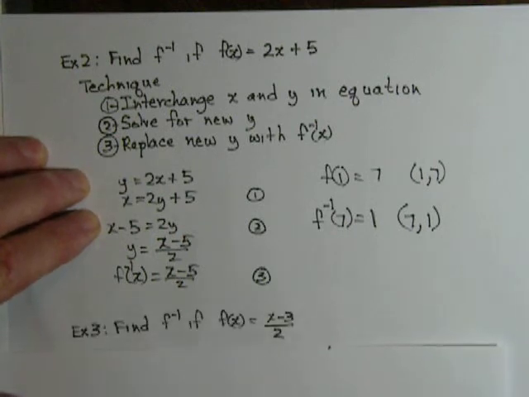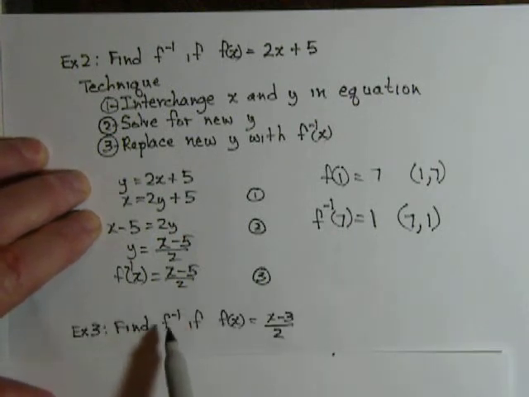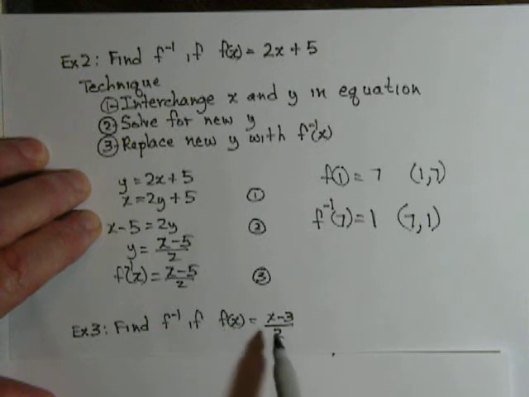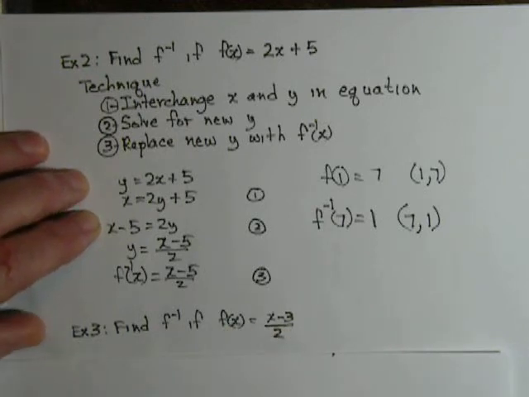Now it's your turn. Find F inverse if f of x equals x minus 3 over 2. And I'll put the answer down here for you. You can stop this and work it out and then look at the answer.